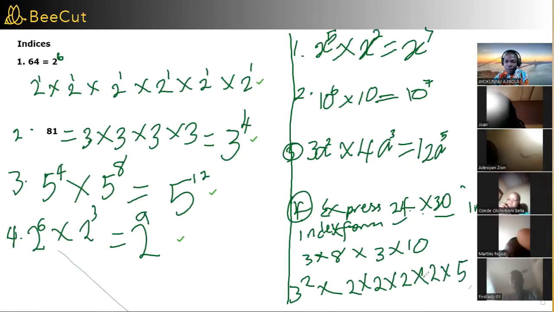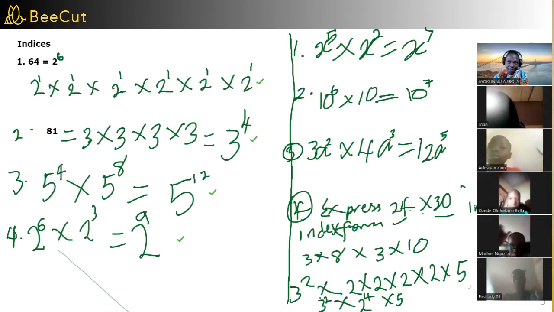Now, how many 2 can you see there? 4. Very good. So I'm going to have 3 raised to power 2 times 2 raised to power 4 times 5 raised to power 1. But I'm not going to do that one. So this will be part of the one I will give you as your assignment. Just make sure you study it, okay?